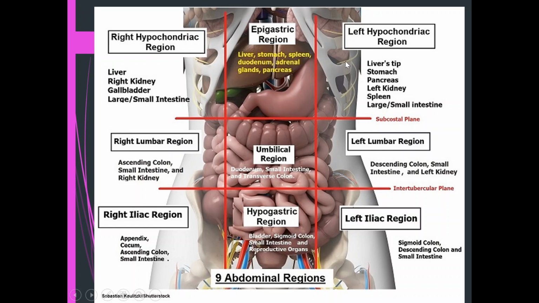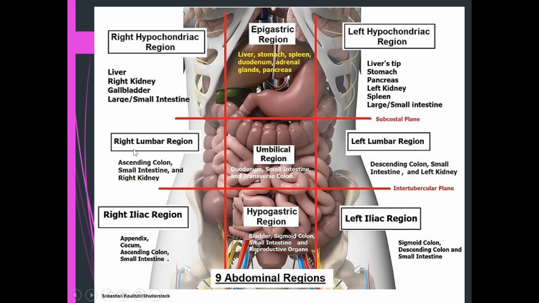Now, like what I said, in each region you can find different organs. Let's start at the right hypochondriac. You can find a portion of the liver, and then your right kidney, your gallbladder here, and part of the large and part of the small intestine behind this.